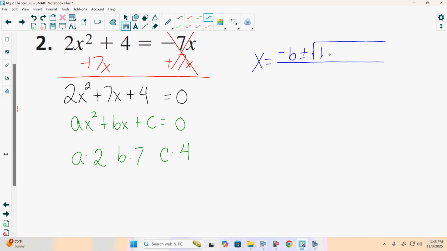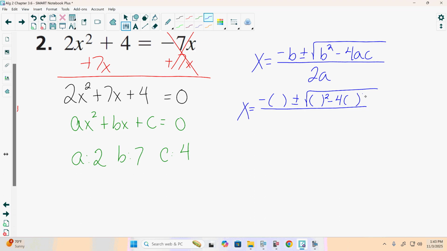The equation for the quadratic formula is negative b plus or minus the square root of b squared minus 4ac, all over 2a.